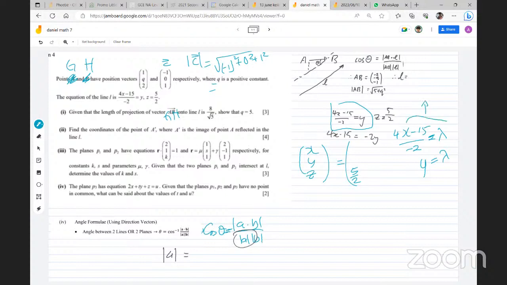So this one I'll reorganize into 4x minus 15 equals minus 2 lambda, and then finally I have x equals minus 2 over 4 lambda plus 15 over 4. Correct?